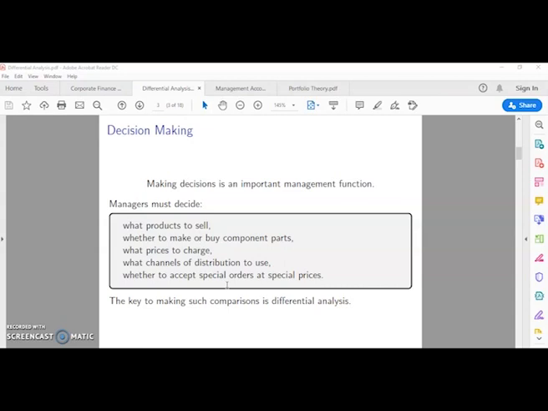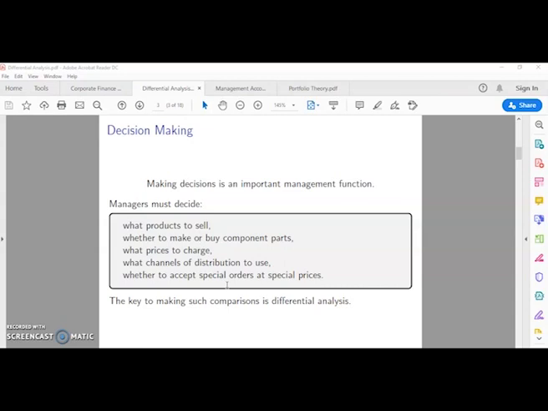Another question or another decision that the manager should make is channels of distribution to use. So, for example, they might have only online channels for their distribution, or different distribution for their product. So this is another decision that the manager should make, and whether to accept special orders at special prices.